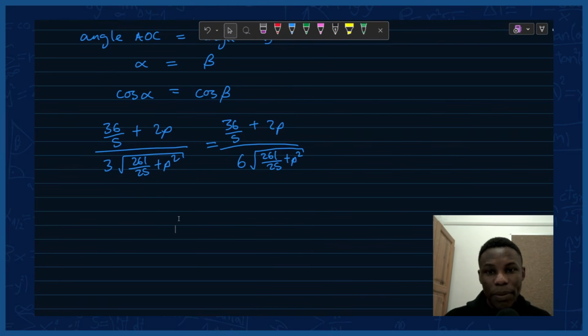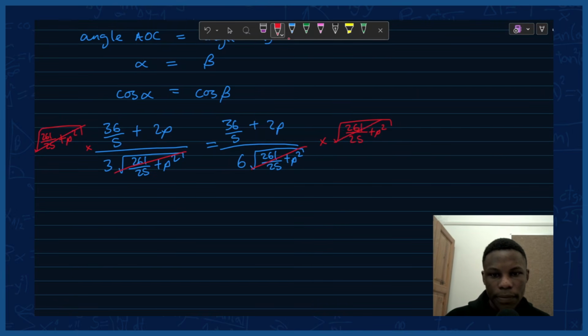So I'm going to multiply both sides by that square root to get rid of it. What we're left with is 36 over 5 plus 2p, over 3, is equal to 36 over 5 plus 2p, all divided by 6.